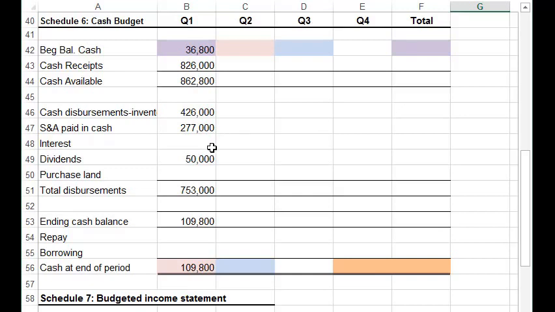There's no interest paid here in quarter 1. The dividend information was provided to you in bullet point number 6. Total cash outflows is just the sum of these numbers, $753,000, and ending cash balance is our beginning balance plus our receipts minus our disbursements.